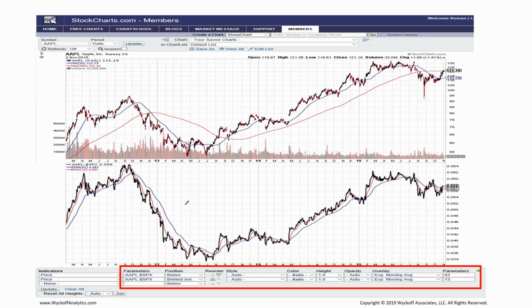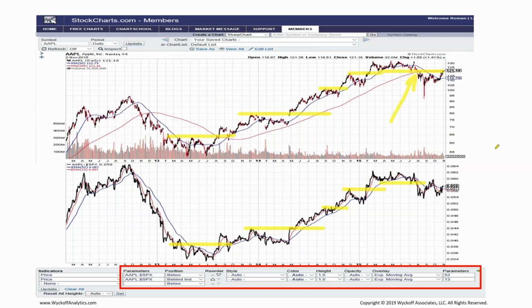And then look at how the relative strength and the price confirm each other when the price starts to break out and the relative strength is breaking out as well. Breakout, breakout, breakout, break to the downside, and the leadership changes as well.